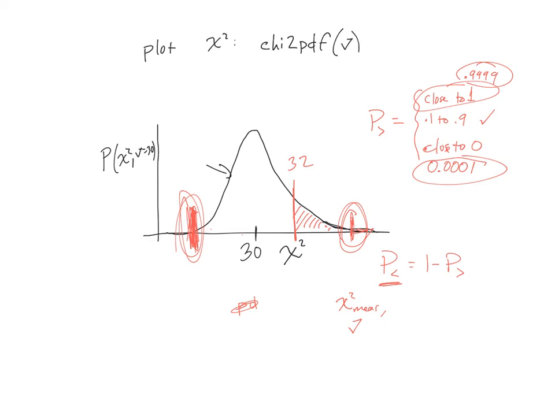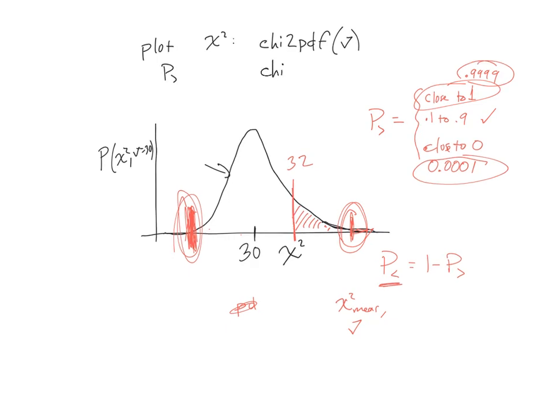And to calculate p greater, you will use the function chi2cdf for the cumulative distribution function. And then you hand it your value of chi-squared, the nu, you should check the arguments here, and then you tell it you want the upper value, because without this argument upper, it actually calculates p less than, okay?